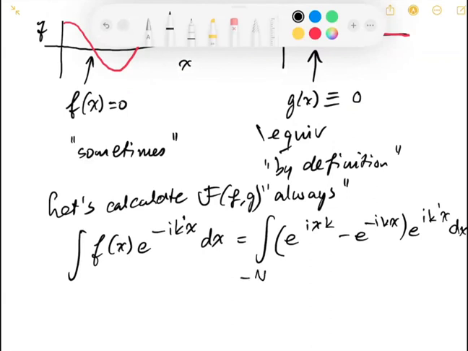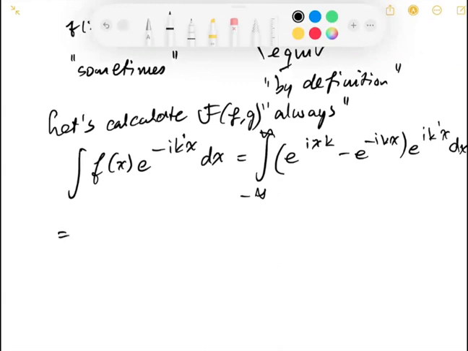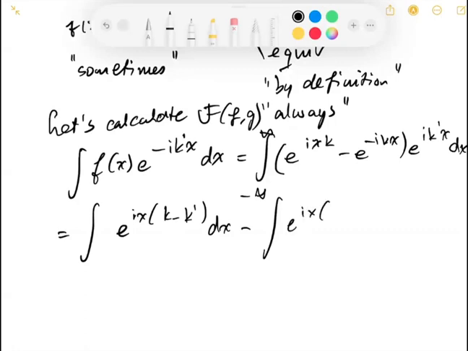We're integrating from minus infinity to infinity. Hopefully you'll get two terms here. You'll get an integral with an e to the ix times k minus k prime dx, plus an integral of e to the ix times k plus k prime dx.